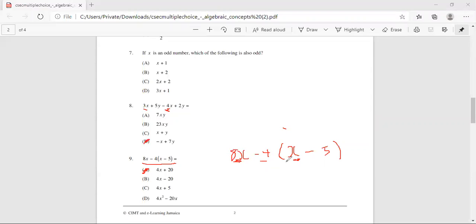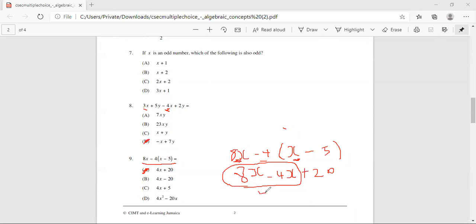So this -4 multiplying x, -4 times the -5. -4 times x is -4x. And -4 times -5 is +20. And we just bring down this 8x. These are the two like terms, 8x and negative 4x.